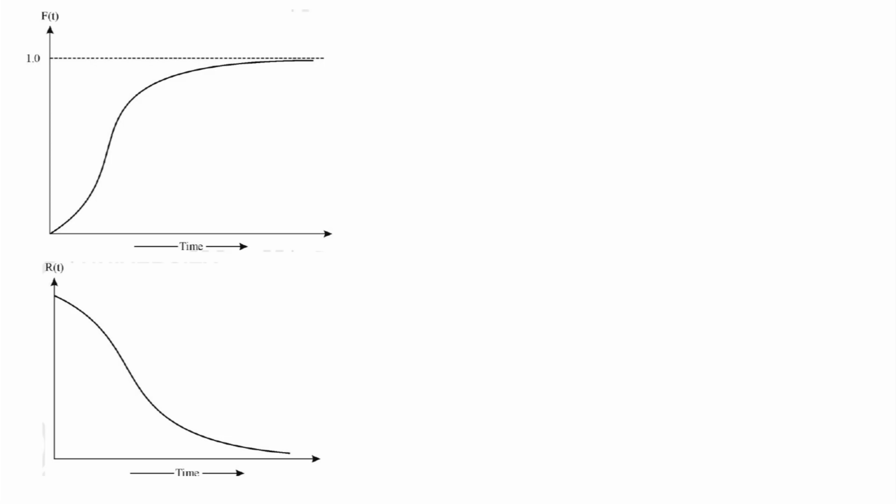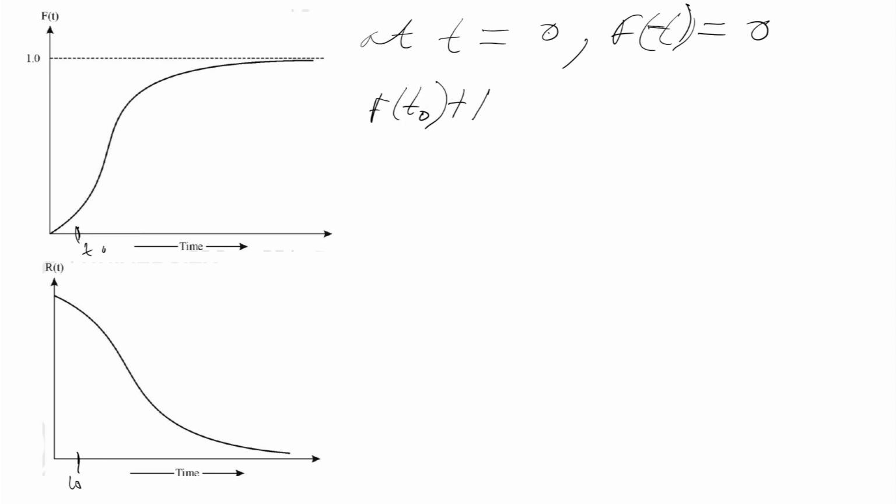At t equal to 0, F(t) is equal to 0, which means there is no failure, so the reliability is 1. It is important to see that at any time, suppose I take a time t0, and add these two, F(t0) plus R(t0) will be equal to 1.